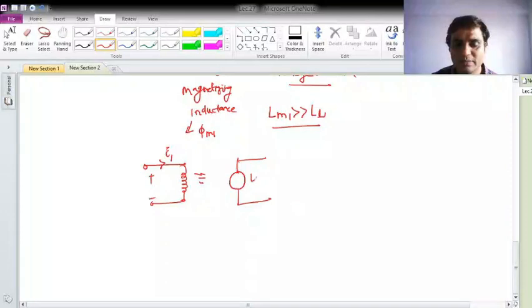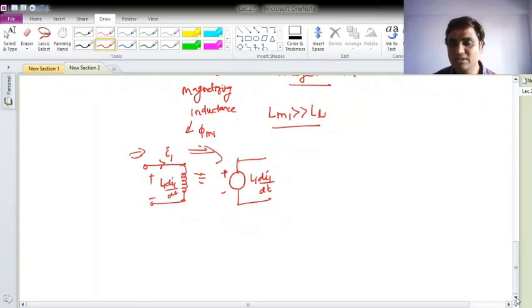The value will be L1 di1 by dt, with polarity plus minus like this. So an EMF L di1 by dt will be induced in it. This is the equivalent, in terms of the inductor as a source of energy.